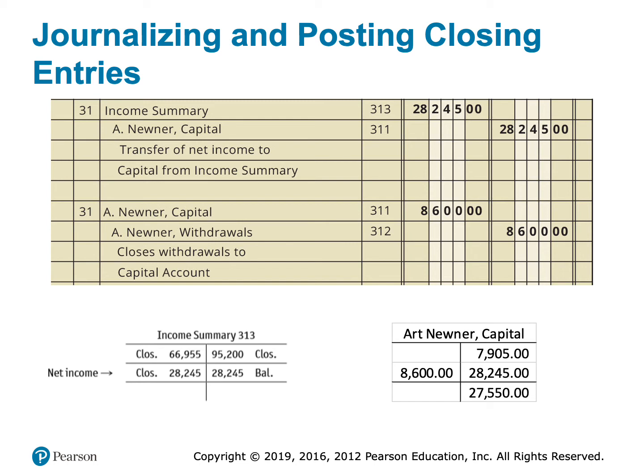So now I'm going to debit income summary and I'm going to credit capital. So capital did have a balance of 7905. I've credited it for 28,245 and I'm debiting now capital for the amount of withdrawals. And so my ending balance in capital, this 27,550, this matches the balance on the statement of owner's equity, and this is the amount we used in the balance sheet.